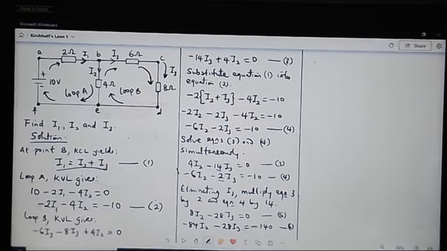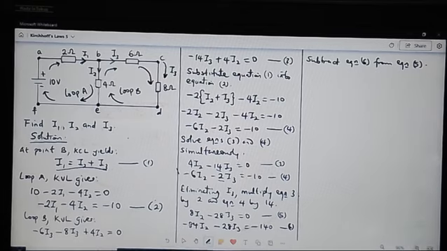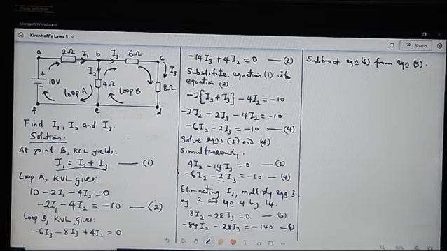Now subtract equation 6 from equation 5. So that we have 8 plus 84, which is 92. So we say 92I2 is equal to 140.